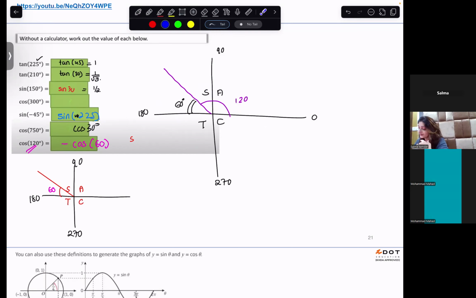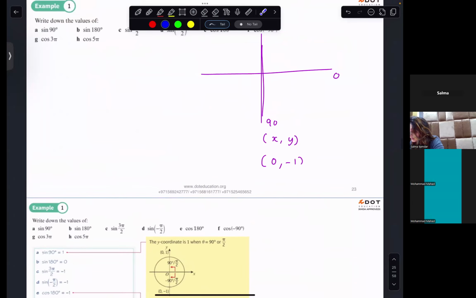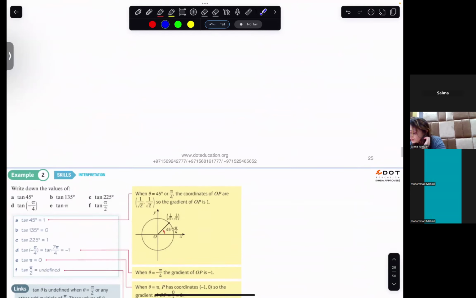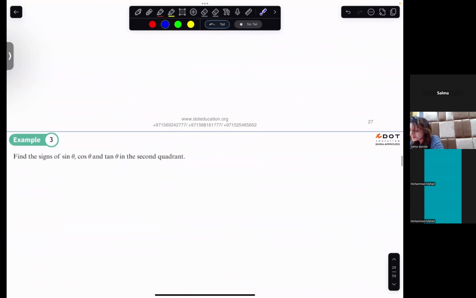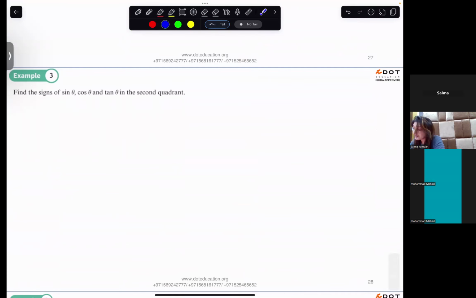Okay, fine. Let me take you to the next part. I'll do the easy ones with you. Please scroll down. Example number 3. Can you tell me the sine, cos, and tan in the second quadrant?